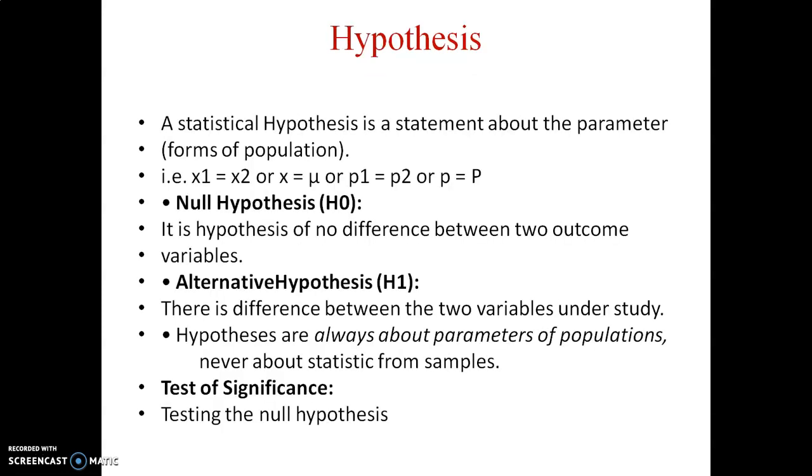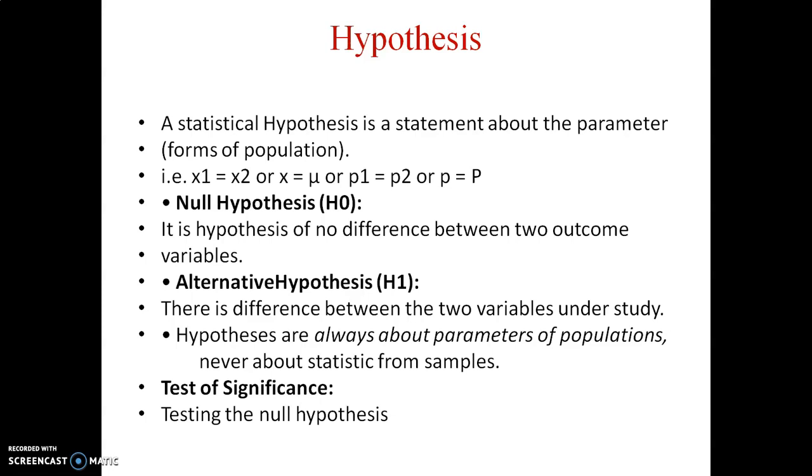Hypothesis. A statistical hypothesis is a statement about the parameters of a population. It's a kind of claim or statement or assertion which you generally make that seems to be true, but data is required to prove your claim under statistical evidence. So there is a null hypothesis and an alternate hypothesis.